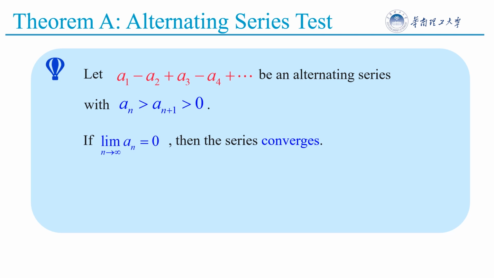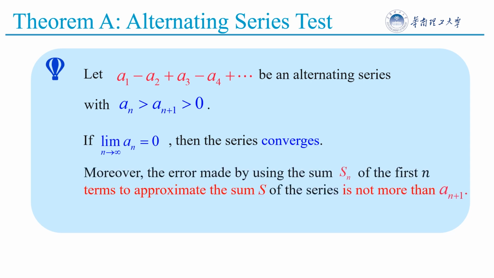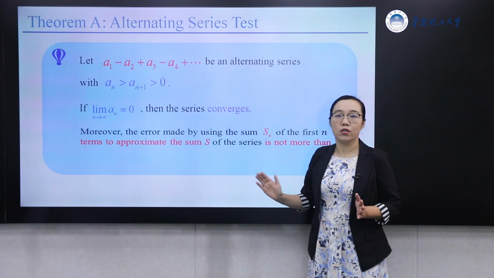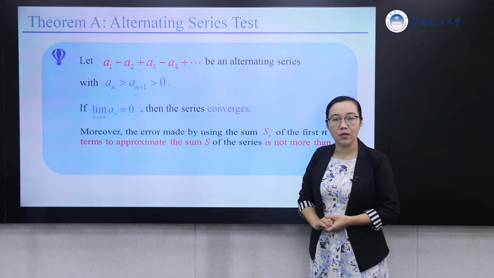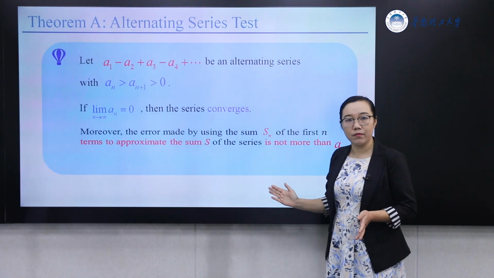If the limit of An equals 0, then the series converges. Moreover, the error made by using the sum Sn of the first n terms to approximate the sum S of the series is not more than An plus 1.